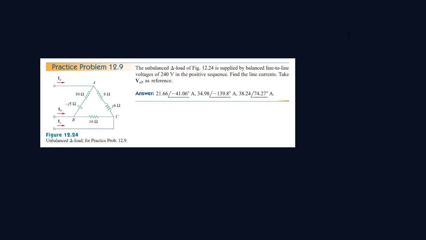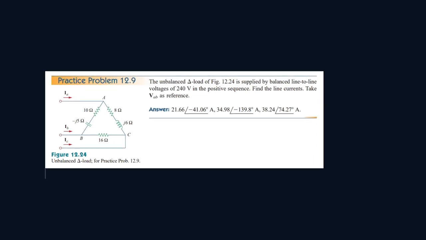Okay, so we have this following unbalanced circuit here, and we have to find the line currents IA, IB, and IC. We're told that the delta configuration is supplied by a balanced line-to-line voltage of 240 volts in the positive sequence. So line-to-line, that's VAB.